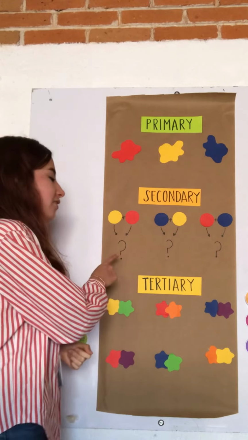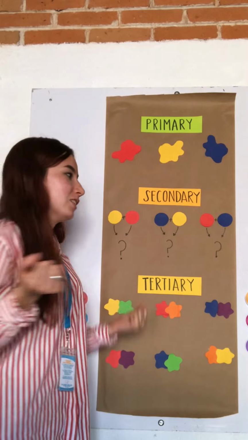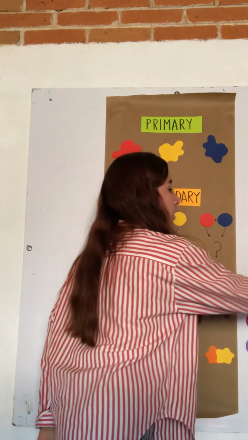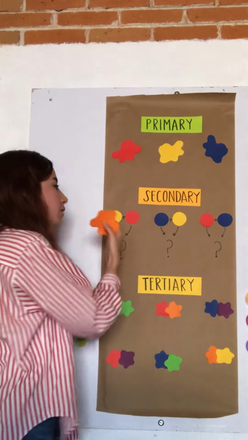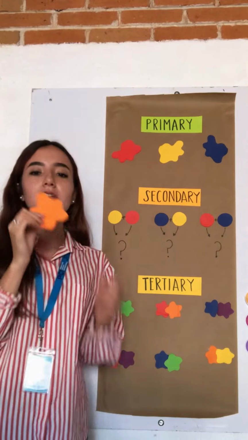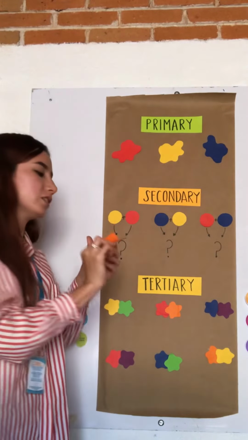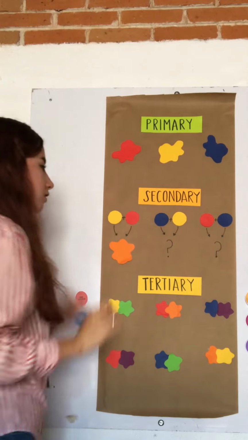Which color are we going to obtain? So we have orange. Orange is the color that we obtain from yellow and red. By mixing equal parts, we are going to obtain orange. Orange is a secondary color.